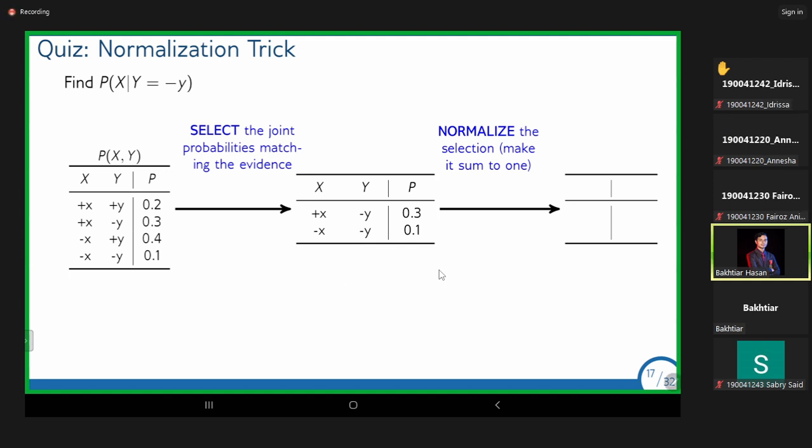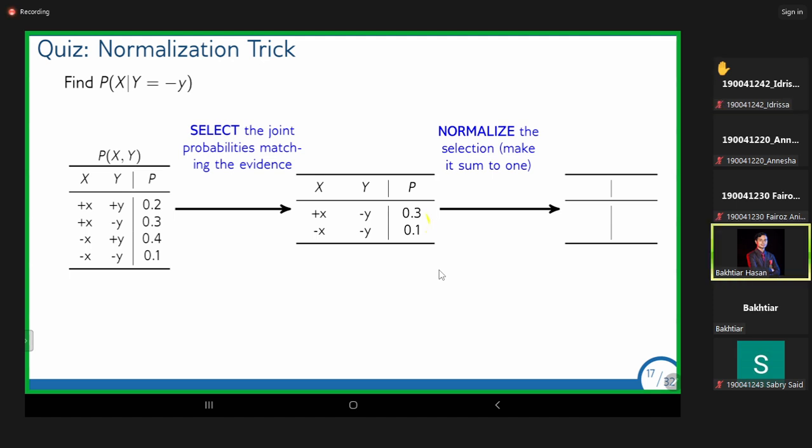Now the next thing is we have to normalize. We have to divide by the summation of the probabilities. What do they sum up to? 0.4.